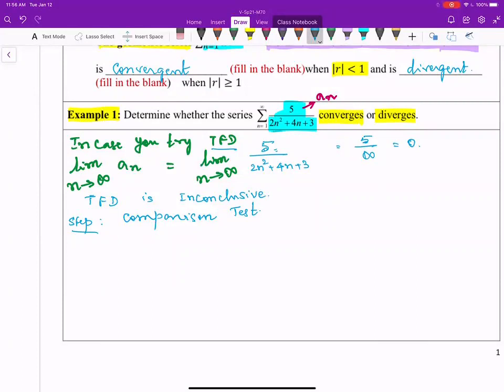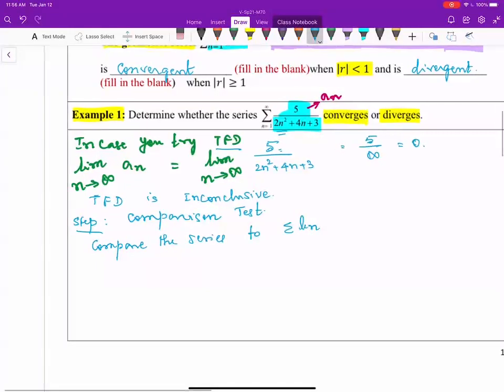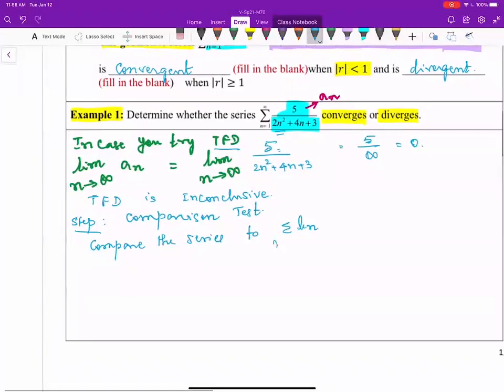The denominator is dominated by the square term. So compare the given series to sigma bn, the known series. We will make it a known series, which is sigma 5 in the numerator.